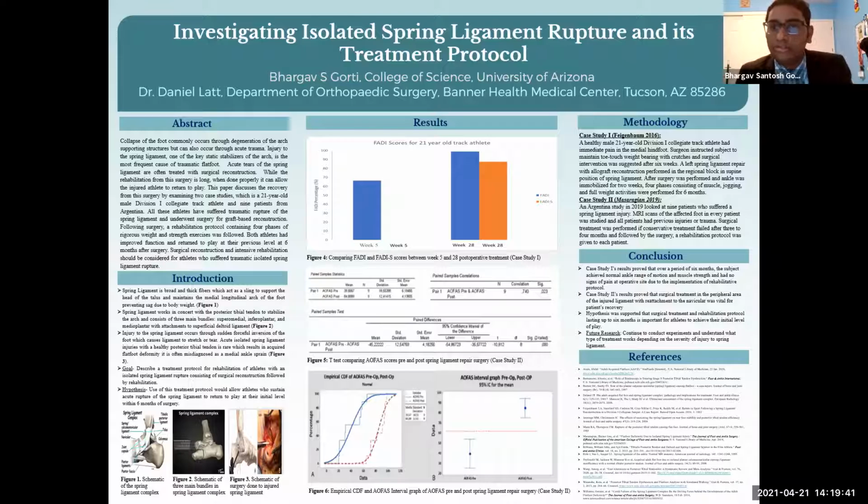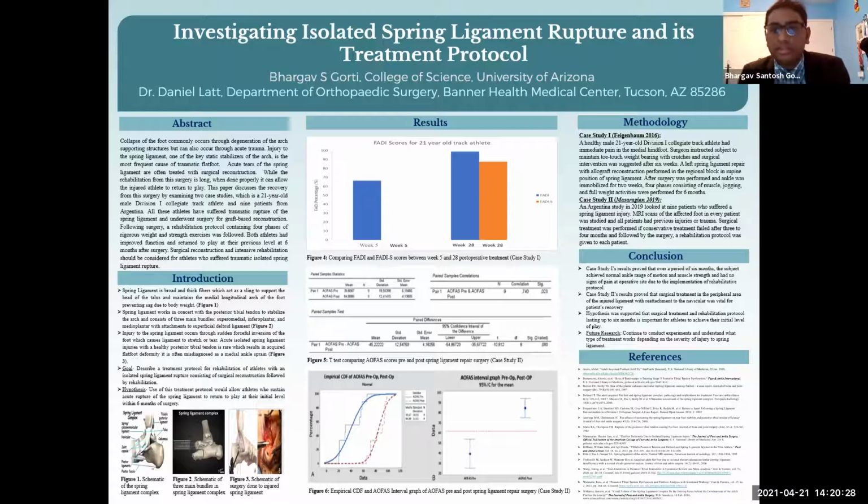The second conclusion is that case study 2's result proved that a surgical treatment in the peripheral area of the injured ligament and a rehabilitative protocol consisting of many phases was very vital for the patient's recovery. The hypothesis was supported, based on these graphs and numbers. The surgical treatment and rehabilitative protocol lasting up to 6 months has been very important to achieve the initial level of play.